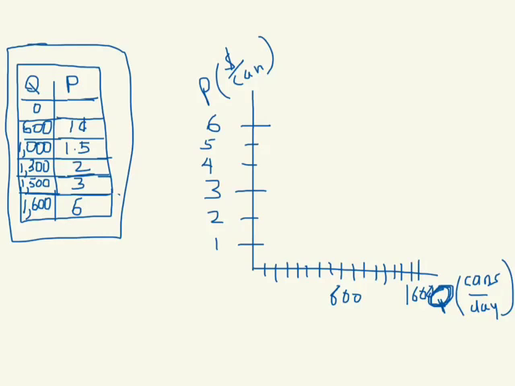All right, so now let's just plot at a price of 1 cent. He'd be willing to supply 1, 2, 3, 4, 5, 6, 100 cans. That's an 800. At a price of 1.5 cents, he'd be willing to up his can production to 1,000.